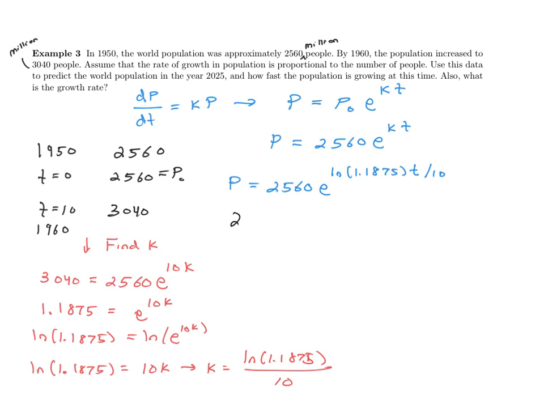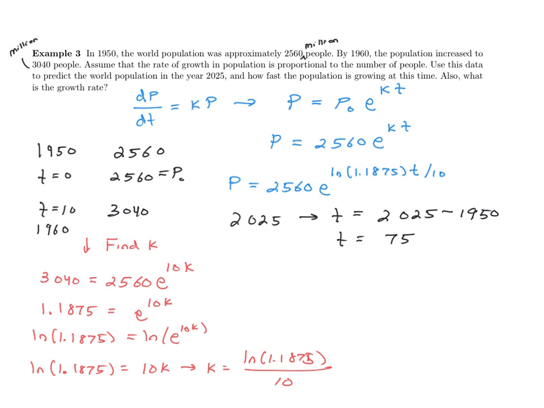In the year 2025, I'm going to take 2025 and subtract 1950, and that difference is going to be my value of t. So t in this case, if we take 2025 and subtract 1950, we get 75. Just like here, to get 10, you would take 1960 and subtract 1950.